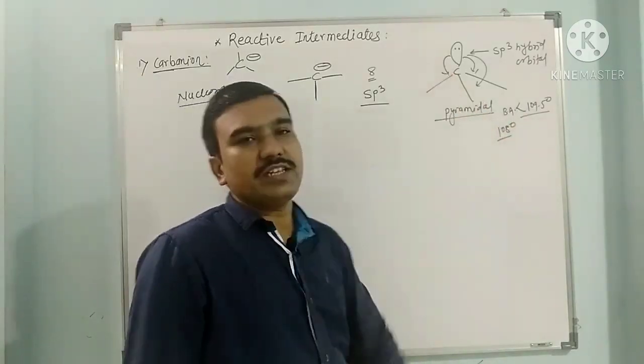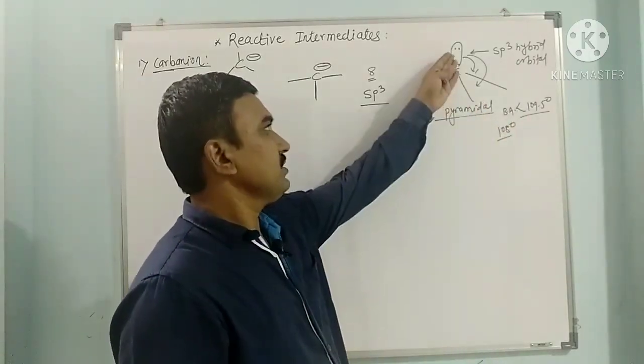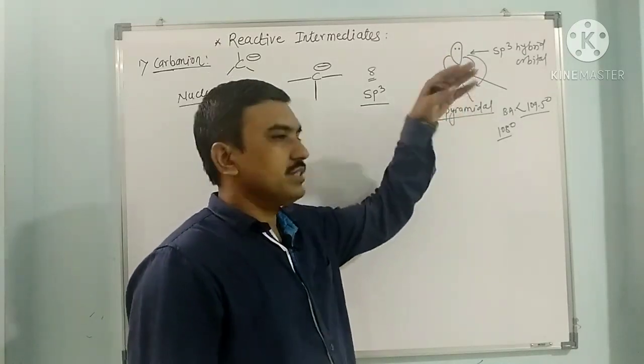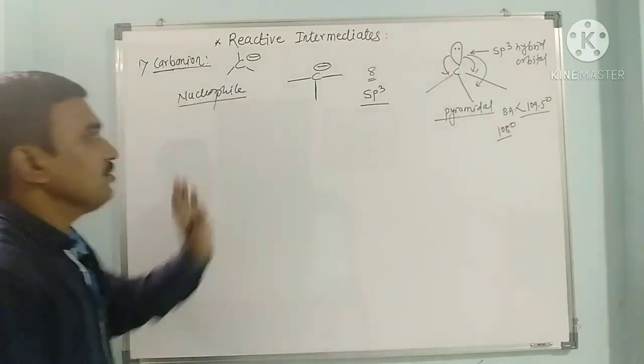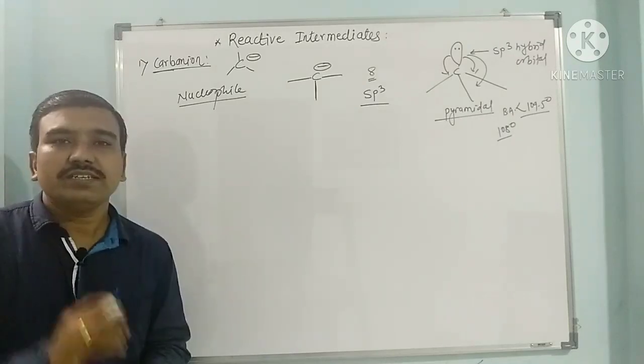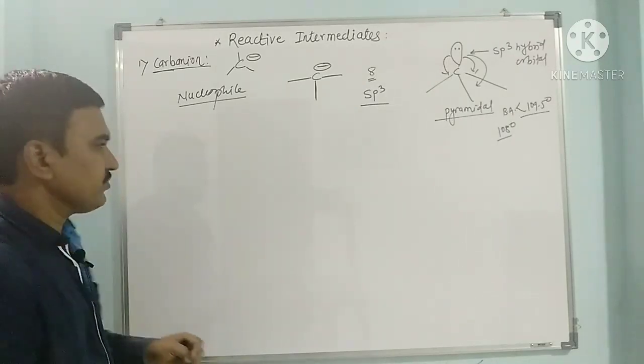Because of the valence shell electron pair repulsion theory, these electrons repel each other, so its shape becomes pyramidal. Now we have to see how carbanion is formed during the reaction.